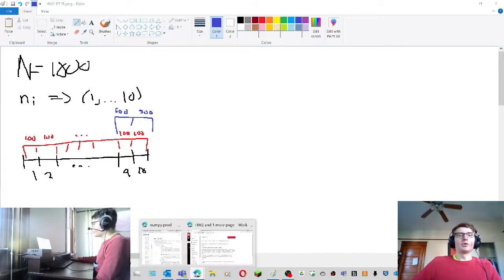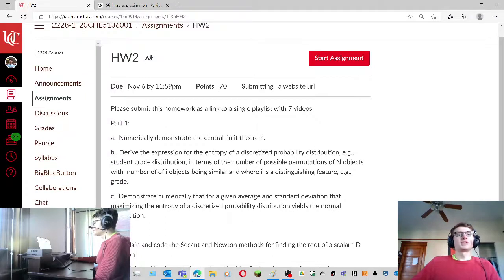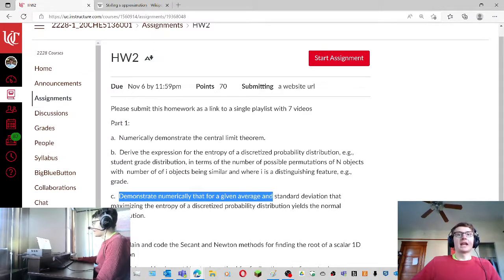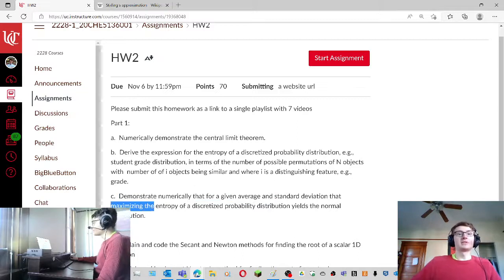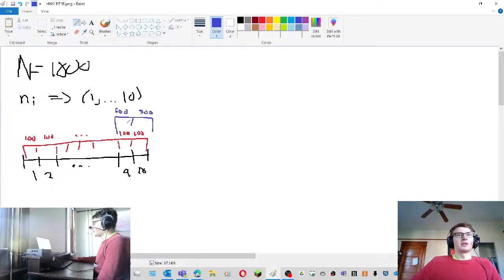Now, what I'm going to eventually come back and do, particularly in part C, is demonstrate numerically that for a given average and standard deviation, the entropy of a discretized probability distribution is maximized by, yada yada yada. I'm going to maximize this entropy function. What I really want to get at here is that whatever this entropy function I generate is, the maximum of it should be a more normal distribution.